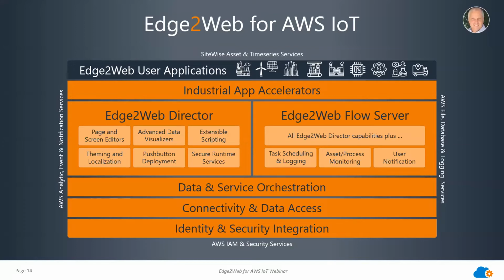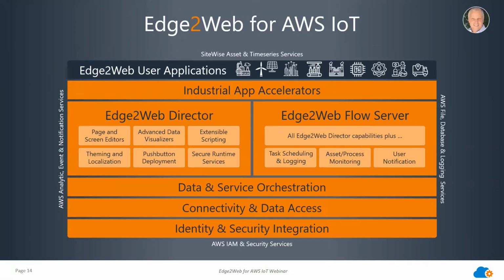This diagram shows Edge2Web on AWS at a high level. Our two commercial products, Director and Flow Server, are supported by lower-level services for security, connectivity, and data orchestration. And as mentioned, we also provide a library of Edge2Web application accelerators that offer out-of-the-box functionality needed by many digital industrial applications.